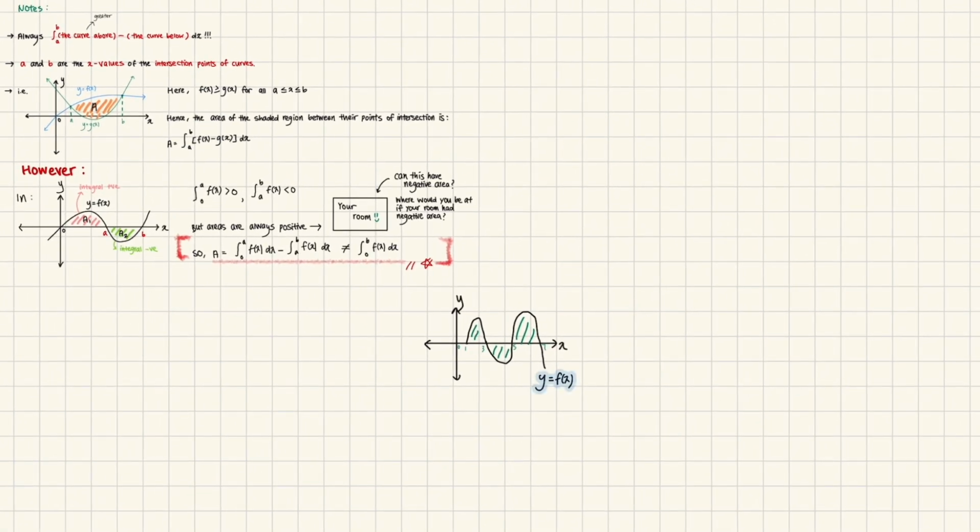So the next question: what if it has three separate areas, where some are positive and some are negative? Like I said, we're using this concept now. Because areas cannot be negative, we have a special equation like this one.